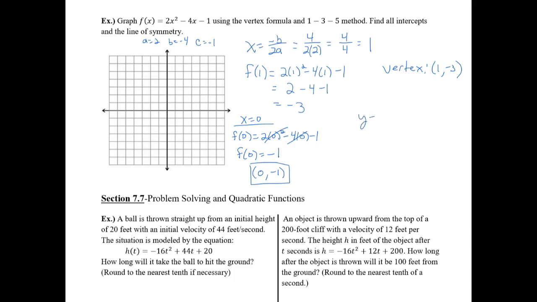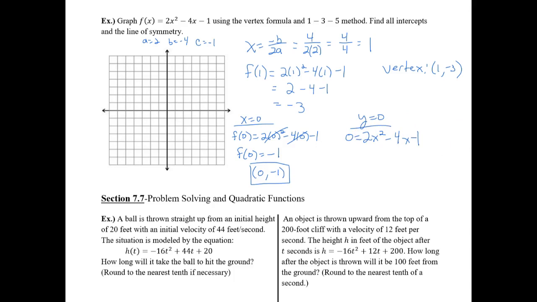And then we let y equal 0 to find the x-intercepts. So we're plugging in 0 for y, and that's 2x squared minus 4x minus 1. So first we try to factor. We say, okay, we have a leading coefficient of 2 here, so we have to multiply a times c.